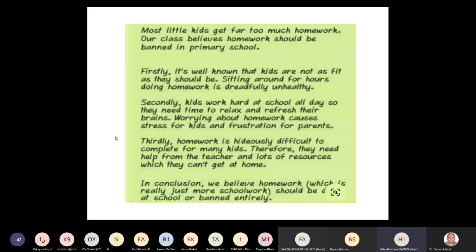Their thesis statement is "our class believes homework should be banned in primary school." That's not the thesis. I'll tell you why. It's because it's written by schoolboys or schoolgirls, right? In their formative years. It's not written by an adult.